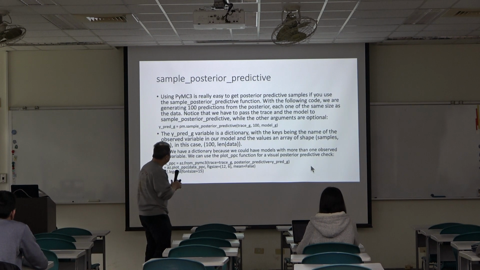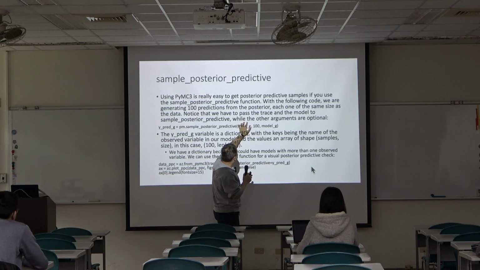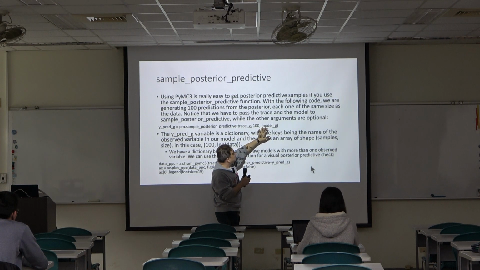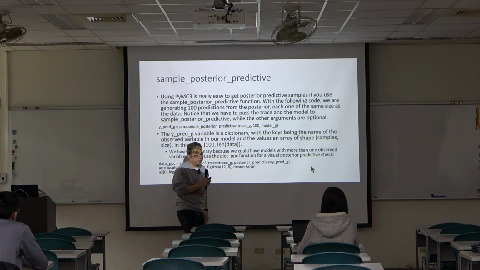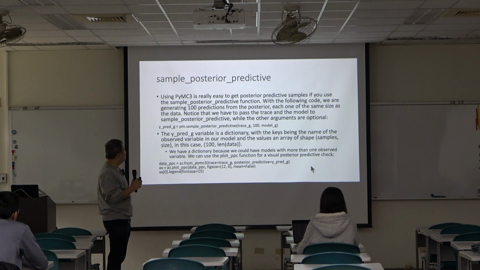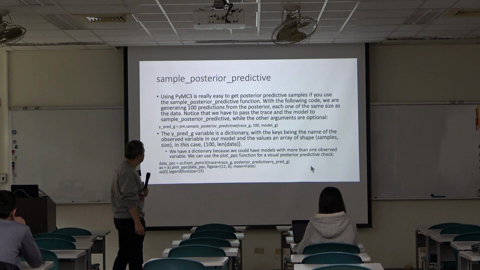So here you put this trace_g, which represents the posterior, and also you provide the model_g. This tells the function what the likelihood is that it can use to generate the predictions. The 100 just means you want 100 predictions.